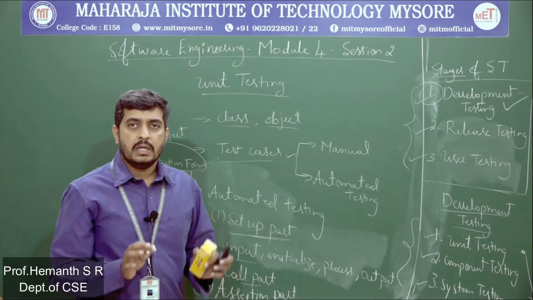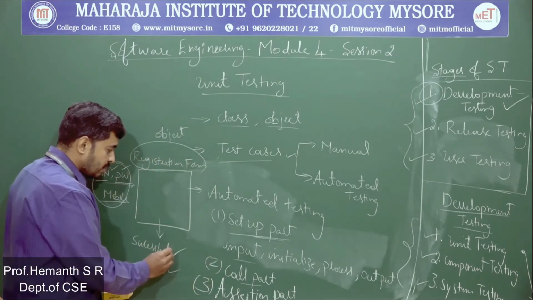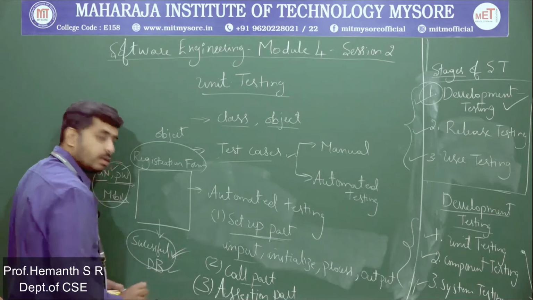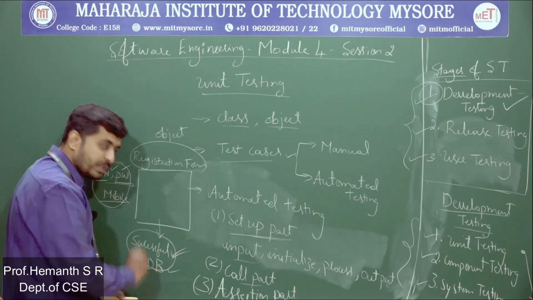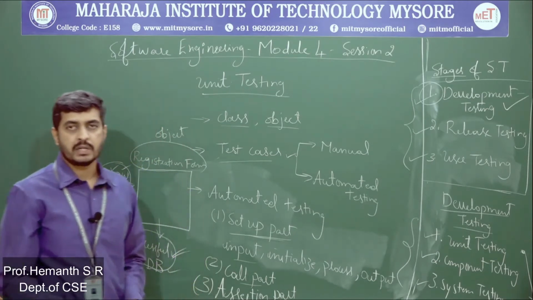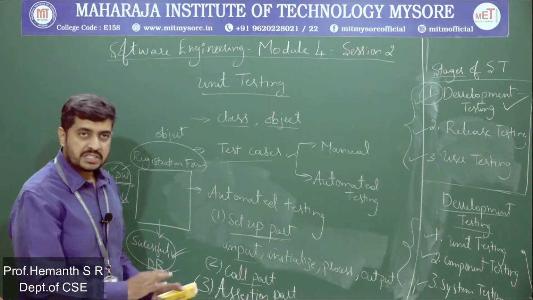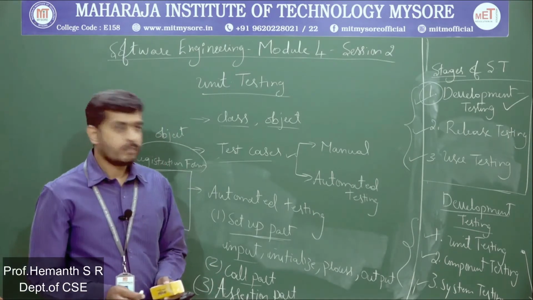That is the expected output. Registration to be successful and all the registration details to be stored in the database. This is what we were expecting, and if we achieve it, then the assertion is true. That is, it is successful.